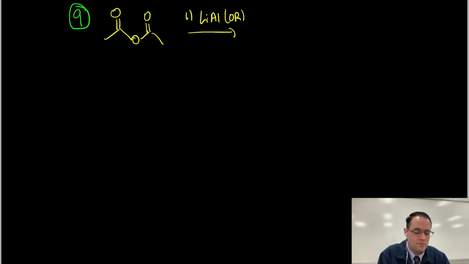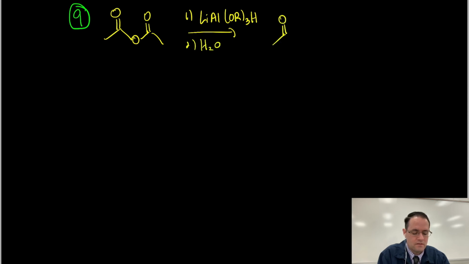Okay. Now, for reaction 9, we have the situation where we do not use lithium aluminum hydride, which is excess, but add lithium tri-tert-butoxy aluminum hydride.